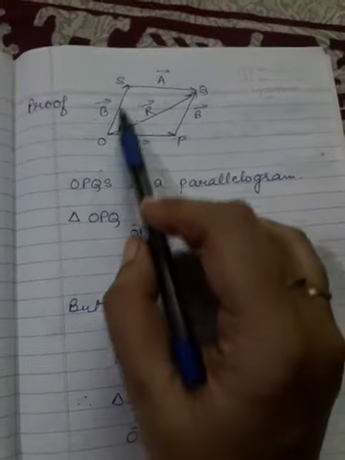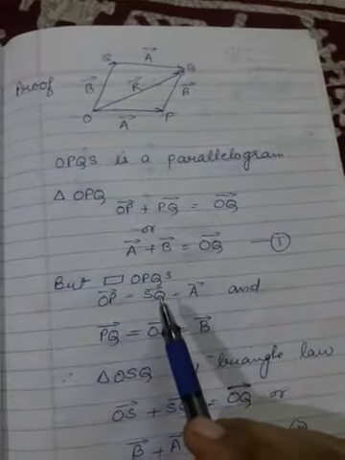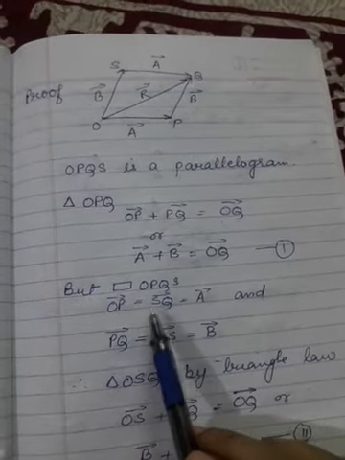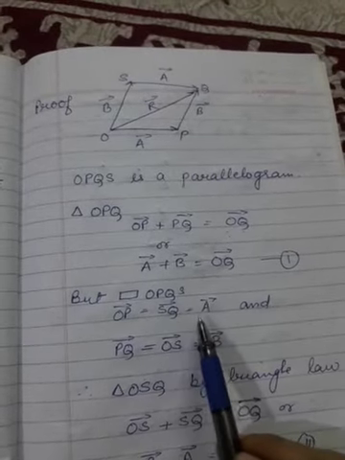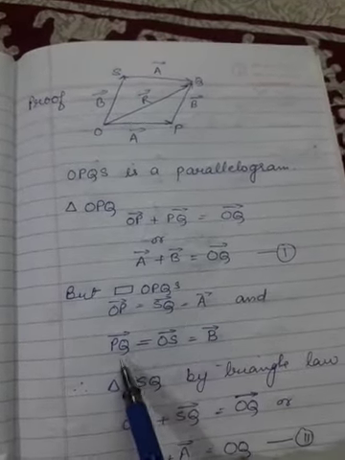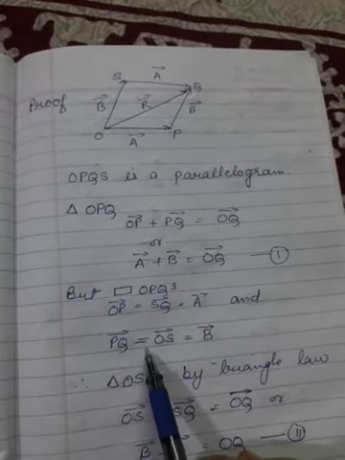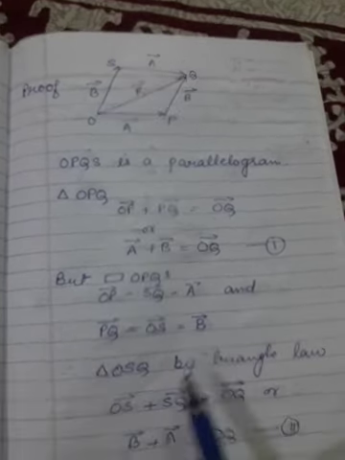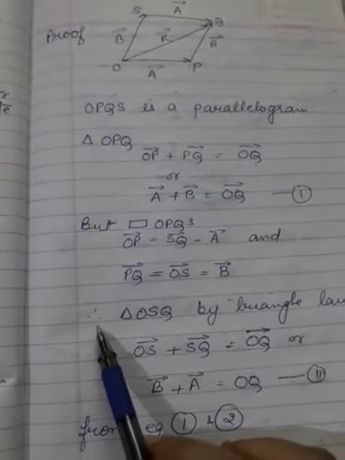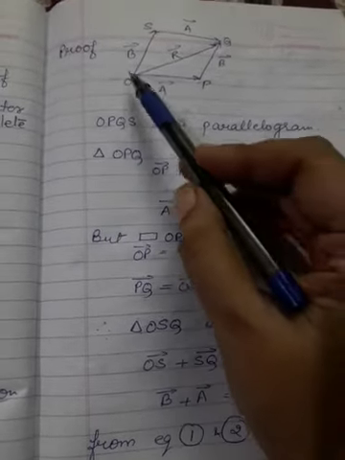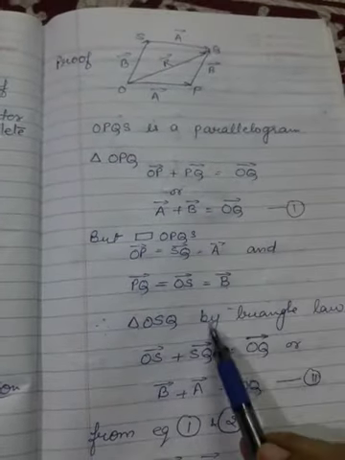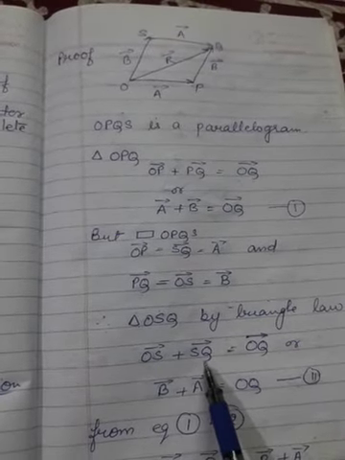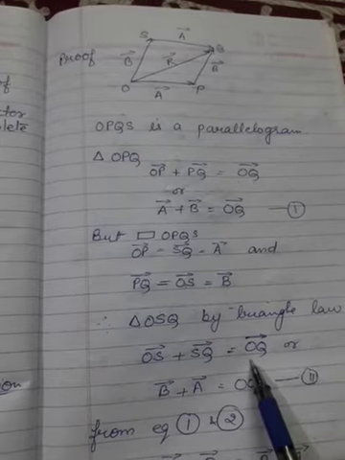But since it is a parallelogram OPQS, vector OP is equal to vector SQ, which is equal to vector A, and vector PQ is equal to vector OS, which is equal to vector B. Therefore, in triangle OSQ, by the triangular law, vector OS plus vector SQ is equal to vector OQ.